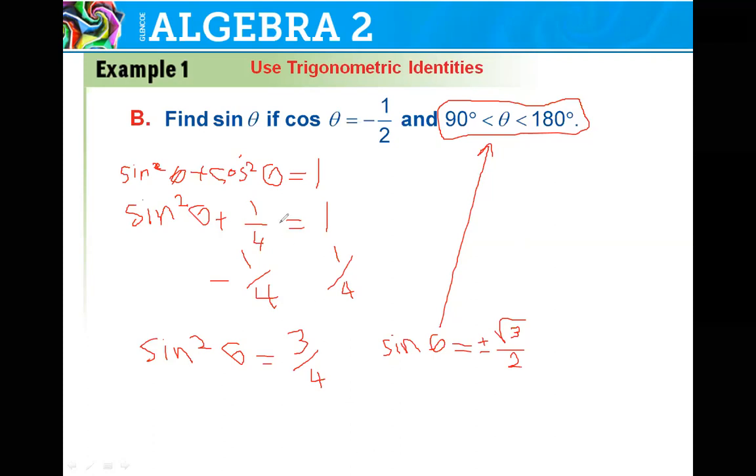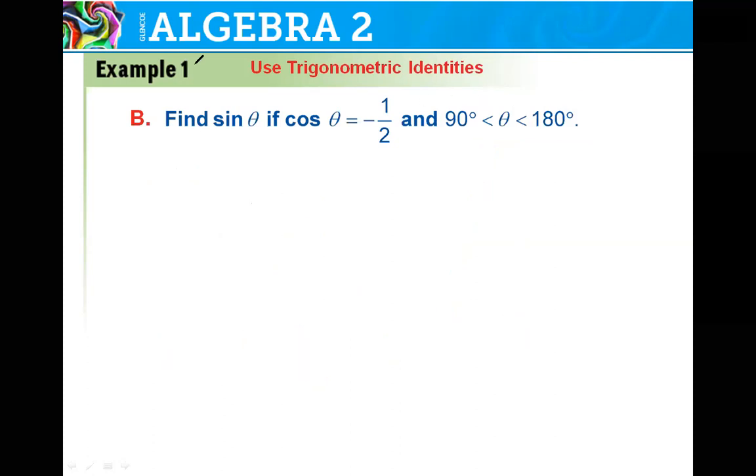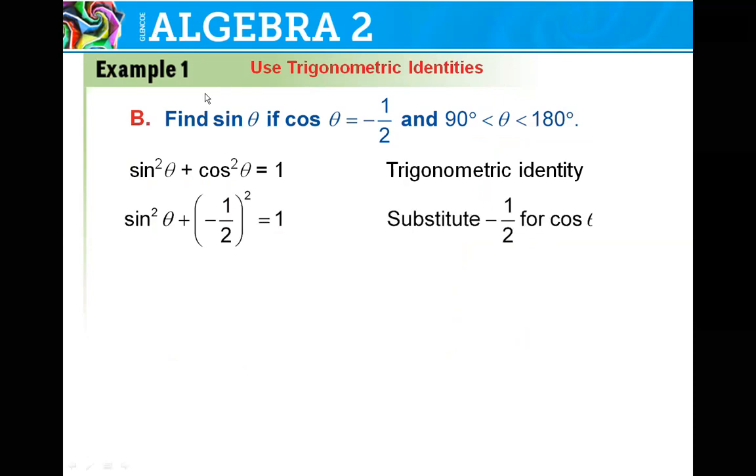Now I can write with good handwriting. We have here the rule, a trig identity, as we said together. Then you get the value of cosine, which is negative half power 2, equal to a quarter.